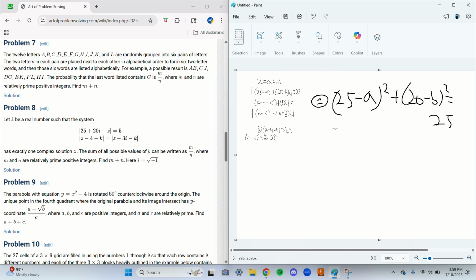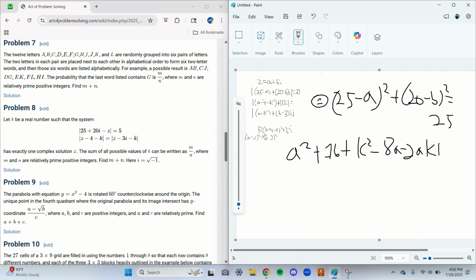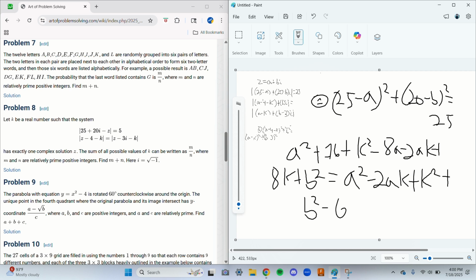If we simplify equation 2, then we get a squared plus 16 plus k squared minus 8a minus 2ak plus 8k plus b squared equals a squared minus 2ak plus k squared plus b squared minus 6b plus 9.